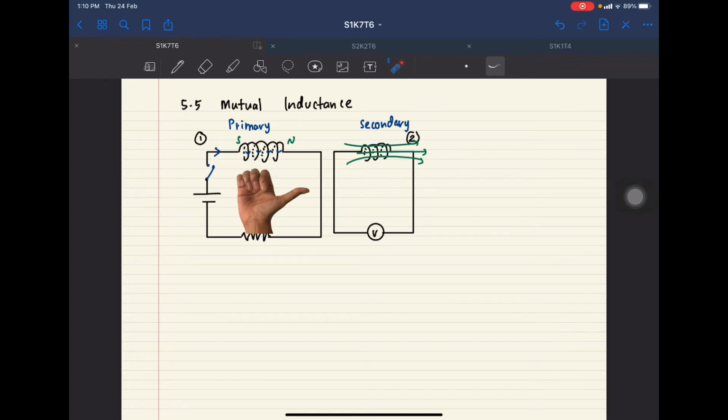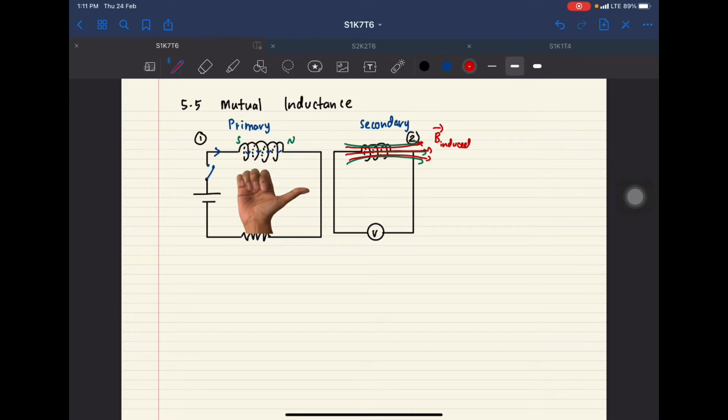So over here we try to oppose the change. The induced magnetic field will be produced in that direction because basically they want to oppose the change. So it decreases, they want to increase again. This is what we call the induced magnetic field.